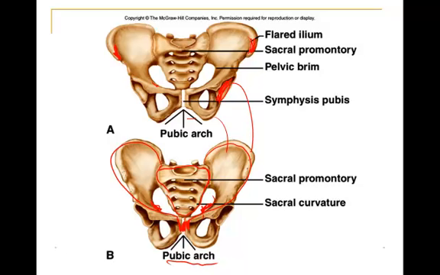So if a doctor was doing an internal exam, they would try to see if they could feel those ischial spines so that they could determine how narrow the pelvis would be and what would be the relationship to the baby's head. The sacral promontory is this piece right here, and it's the most inward piece.